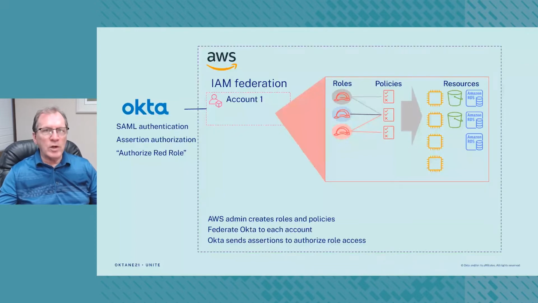Administrators could attach one or more policies to these roles, and this established the permissions that each role had to access AWS resources like EC2 instances, S3 buckets, and databases. When an Okta user signed into AWS accounts, then Okta sent AWS a SAML assertion that told AWS which roles the user can assume. When the user assumed the role, then they could access the resources based upon the policies that were attached to the role.